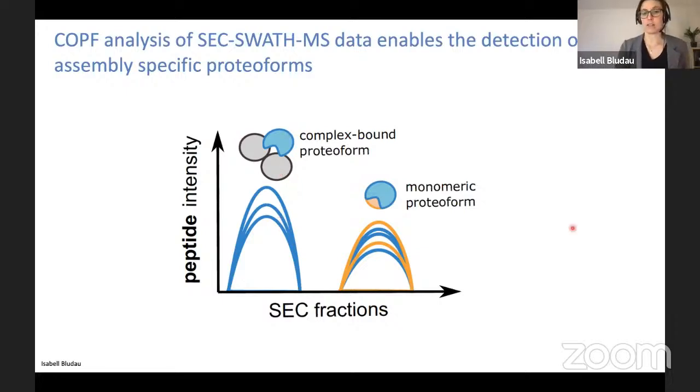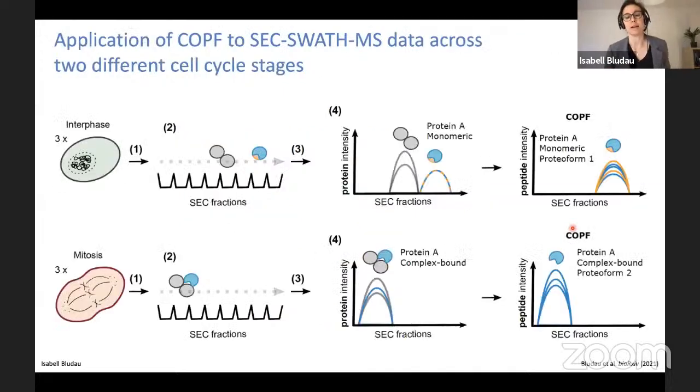We applied this strategy of using the COPF approach for SEC-SWATH-MS data by using the data set that I briefly introduced before, where we looked at SEC-SWATH-MS data of interphase and mitosis cells. Here again, we could detect proteoforms that would be due to a difference in assembly state, or they could be, as here, a difference in assembly and in condition, or cell cycle specific.